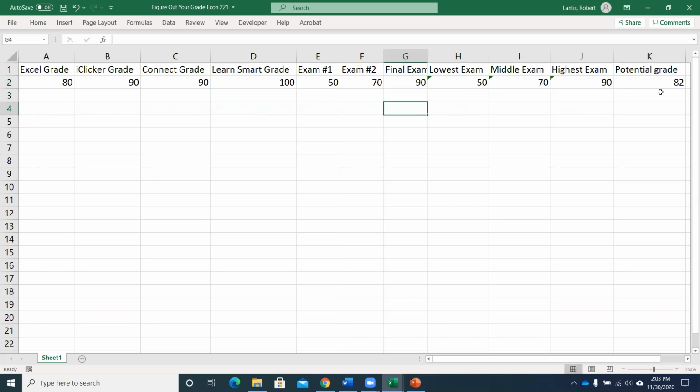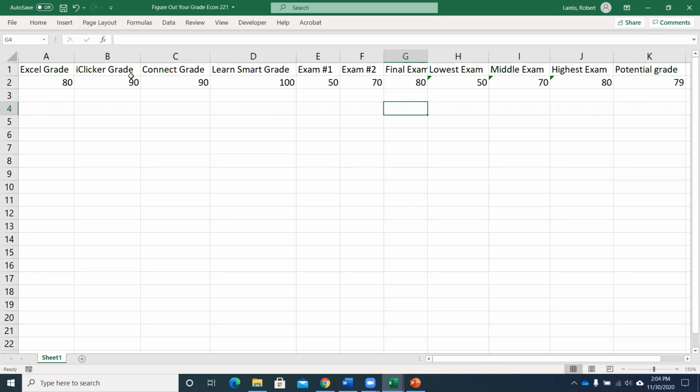Let's say you do really well, you could end up pushing over to a B, despite having this previous bad exam. But you notice if we leave this out, we're going to see where we stand, but that's treating these as my best two exams, which they might not be, right? So you can play around with that hypothetical final grade to see, for different scores, what your potential final grade would be in the class.